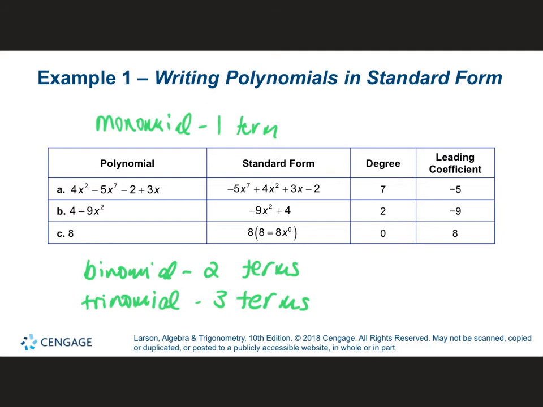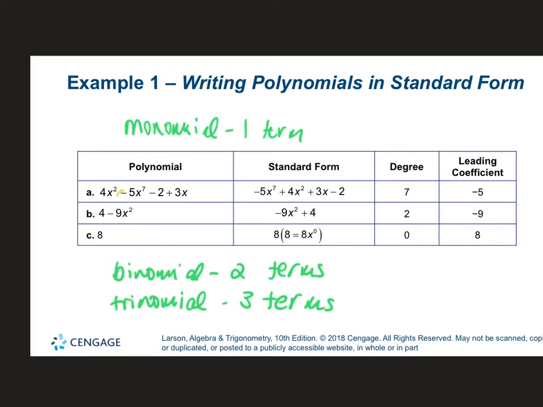So if we look here, there's a minus sign here, a minus sign here, a plus sign here. So in this case, we have 1, 2, 3, 4 terms. When you write a polynomial, you always want to write it in standard form. Standard form just means the exponents go from biggest to smallest. They go in decreasing order.